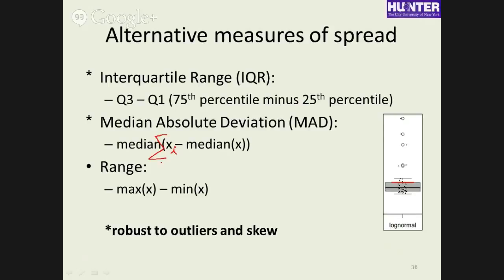This has to be summed from i equals 1 to n, and this is an absolute value. So I'll put bars here. So it's just, if there's a negative sign, you take away the negative sign. So for each observation, it's just how far away it is from the median, and you add those up and take the median.